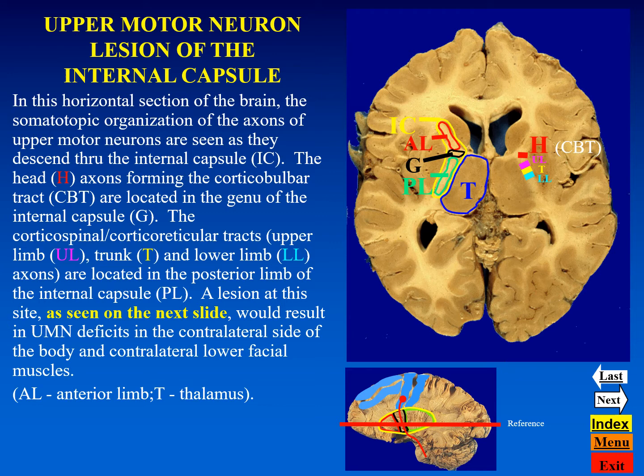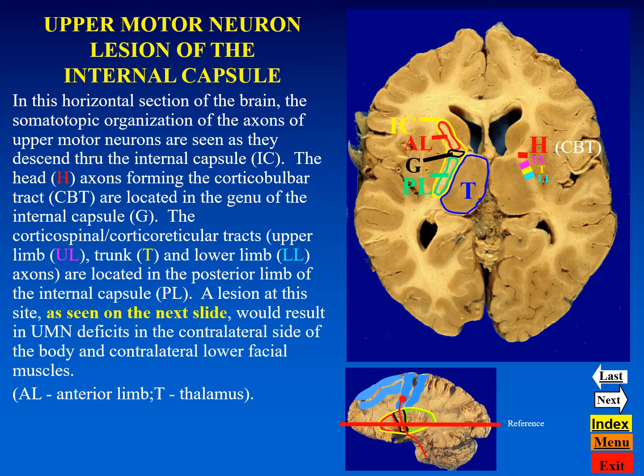Contained in there are very important bundles of the voluntary motor pathway, as well as the fine touch and pain and temperature pathways. The head region is found at the genu, for voluntary control, and posterior to that, in the posterior limb, we have those projecting to the body, and the upper limb, trunk, and lower limb are shown somatotopically organized.